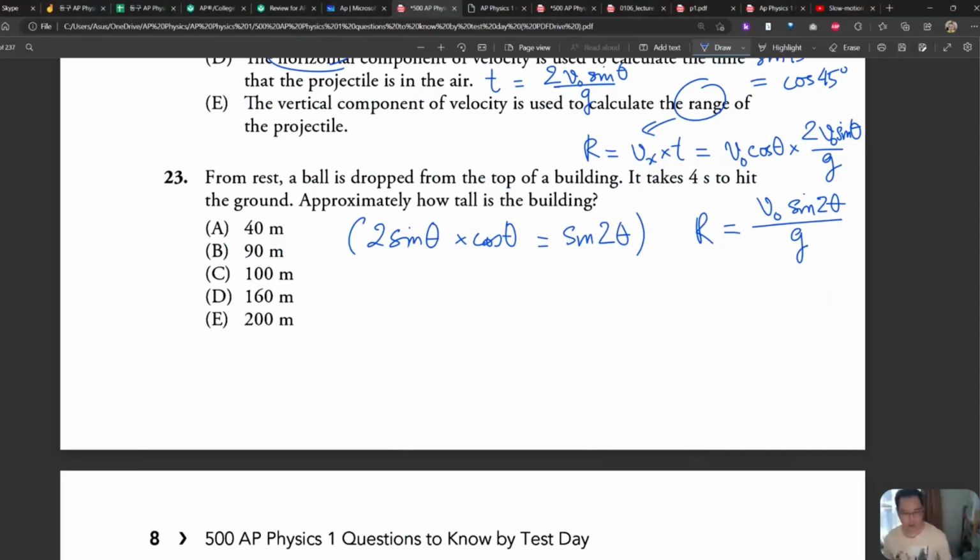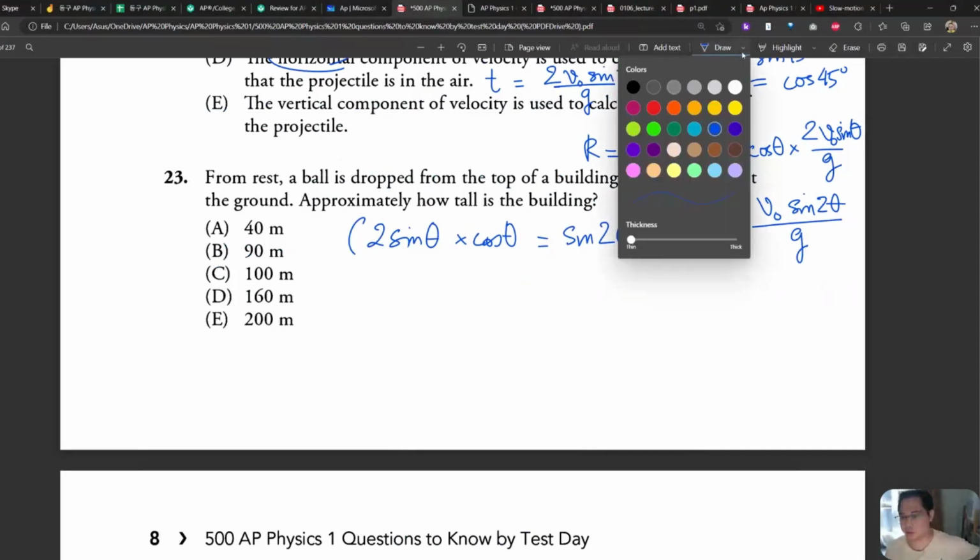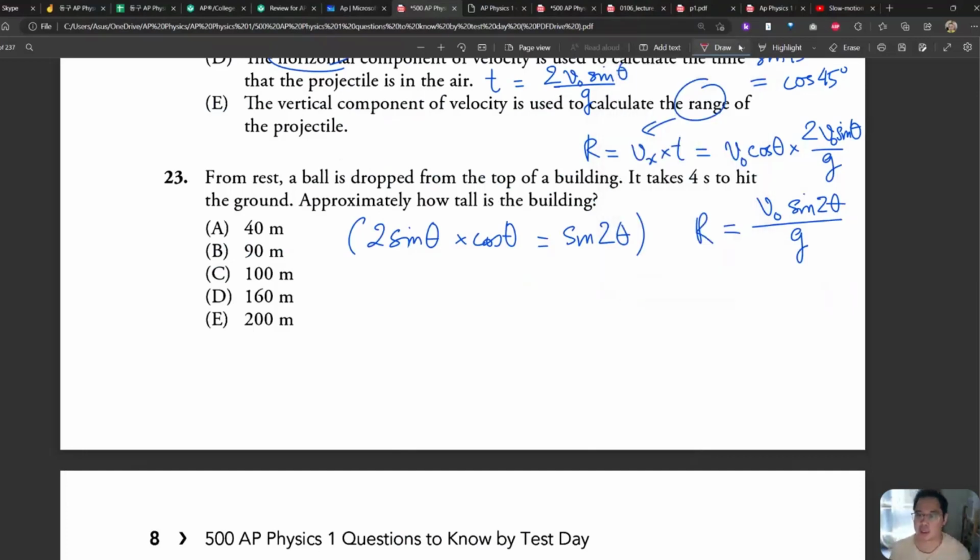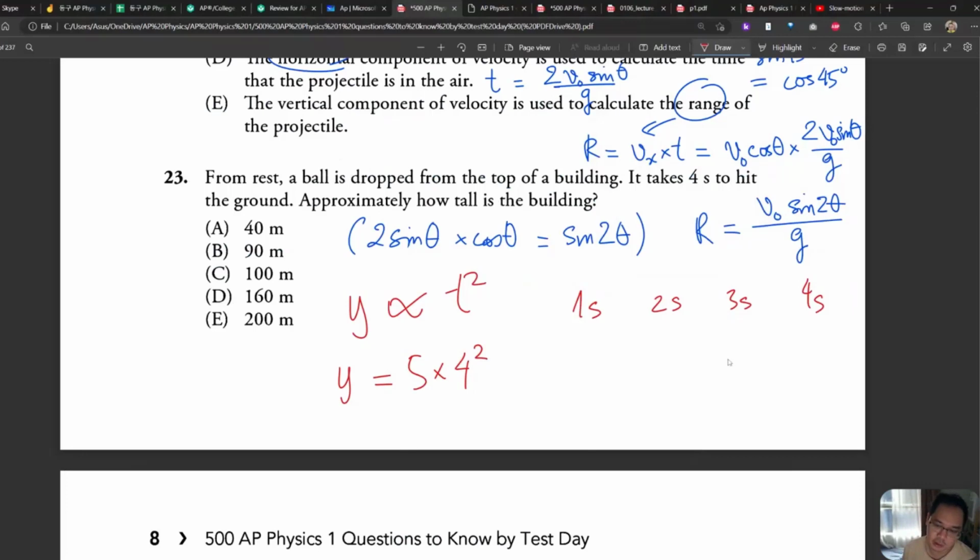4 seconds. Remember the thing I told you about the proportionality between the distance it falls and the time? The distance it falls is proportional to the square of time: 1 second, 2 seconds, 3 seconds, and 4 seconds. The distance will be 5 multiplied with 4 squared, 16 multiplied by 5, 80 meter, approximately.